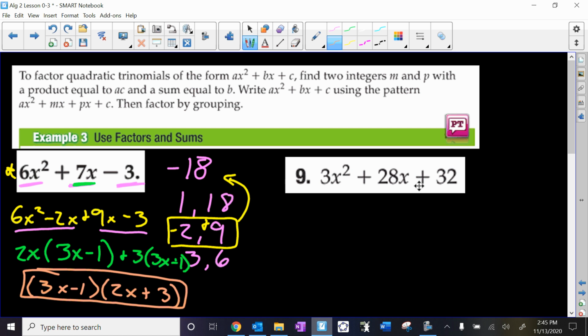I got one more for us. We can try this one as well. It's going to be similar though. So I'm first going to multiply 3 times 32, which is going to get us 96.